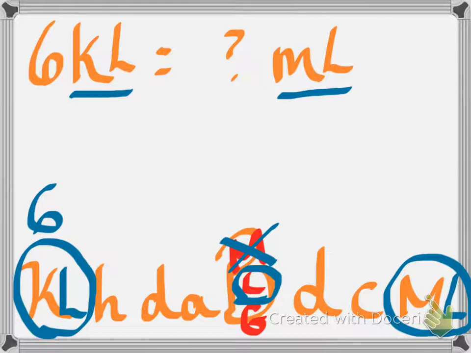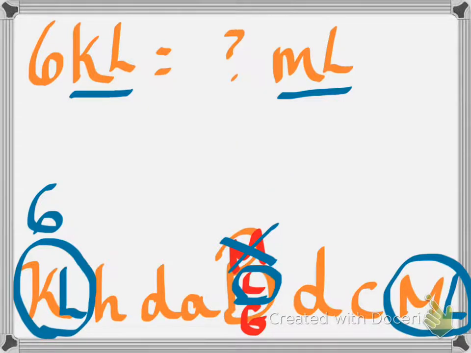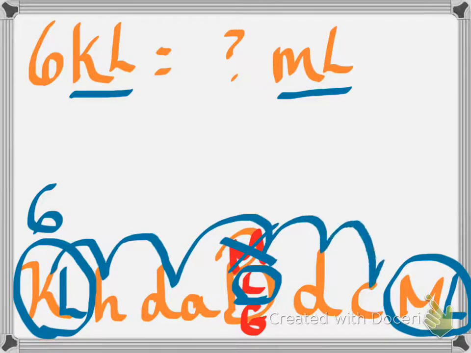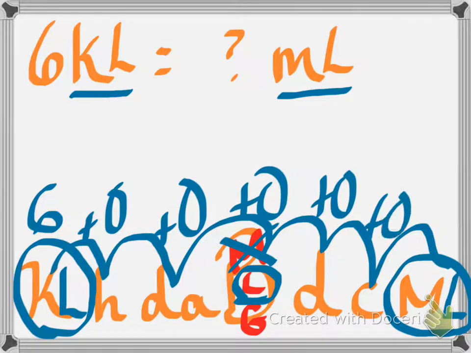Now we're going to start doing our bubbles. We are going to the right, so do we add or subtract zeros? That's right, we add zeros. So let's start doing bubbles. 1, 2, 3, 4, 5, 6. Look at all that. So we're adding 0, 0, 0, 0, 0, and 0.